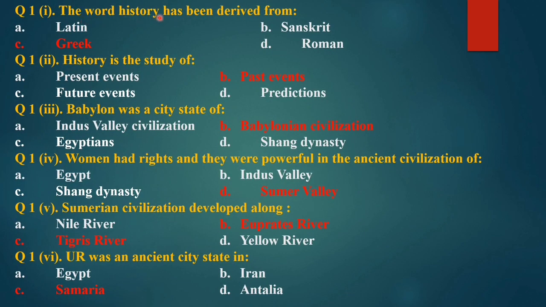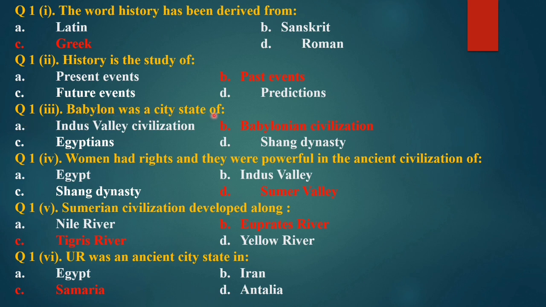Number 1, the word history has been derived from Latin, Sanskrit, Greek, Roman. Correct option is Greek. History is the study of present event, past event, future event, predictions. Its correct option is past event.